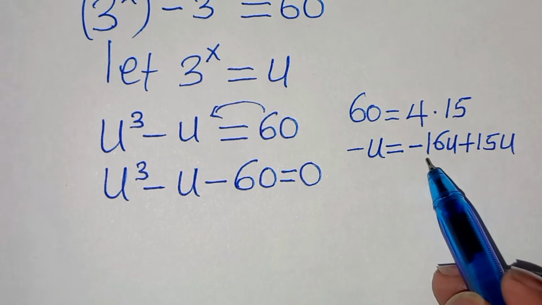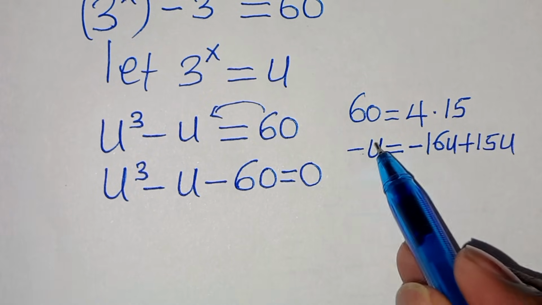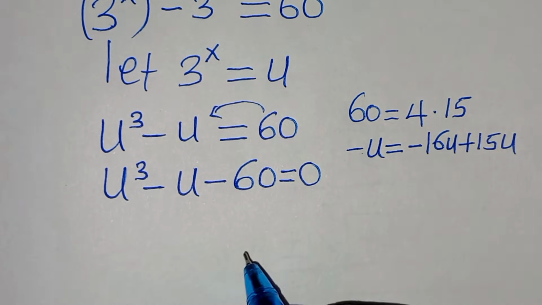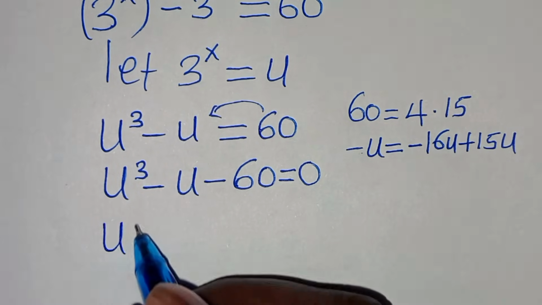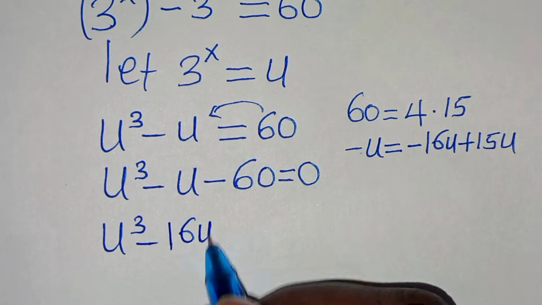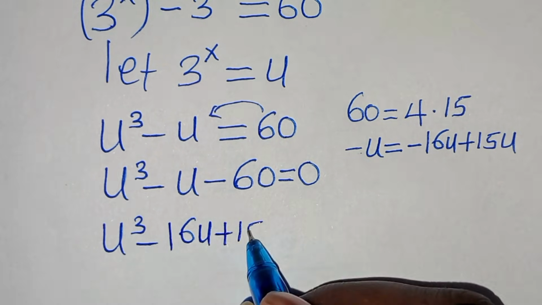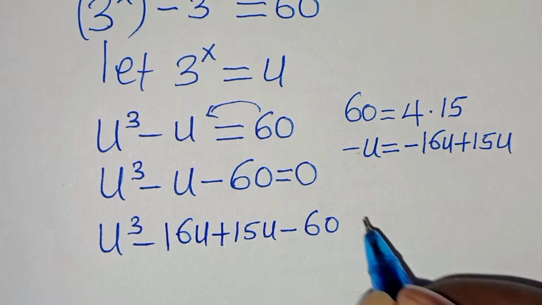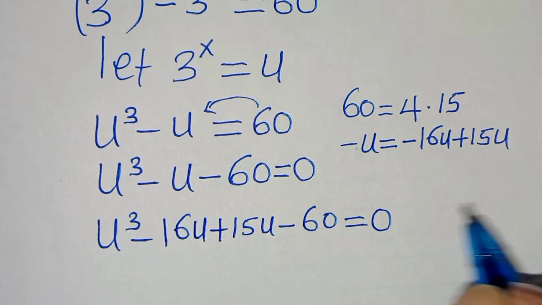So in this case, we can substitute where we have minus u with minus 16u plus 15u, so that now we have u to the power of 3, subtract 16u plus 15u, subtract 60. This is equal to 0.